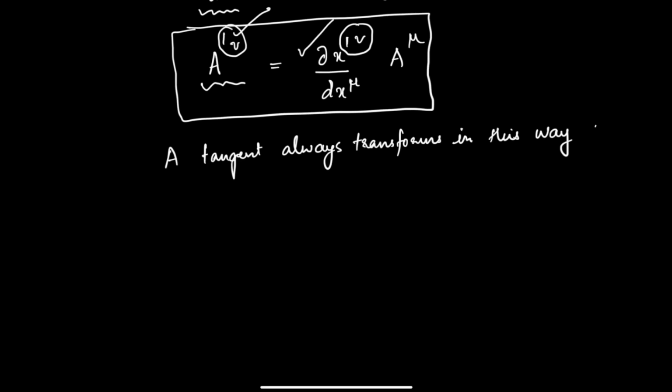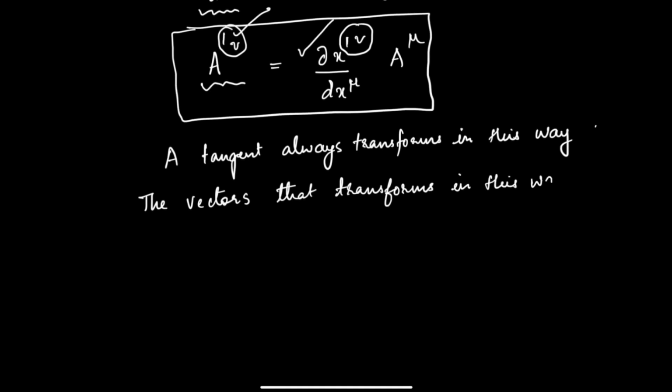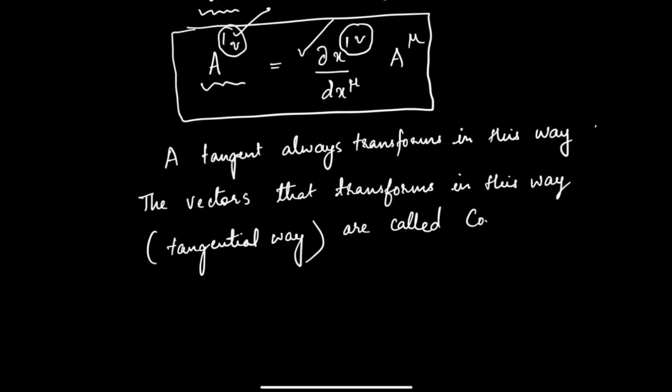So a tangent always transforms in this way, and all the vectors that transform in this way, that is the tangential way, are called contravariant vectors.